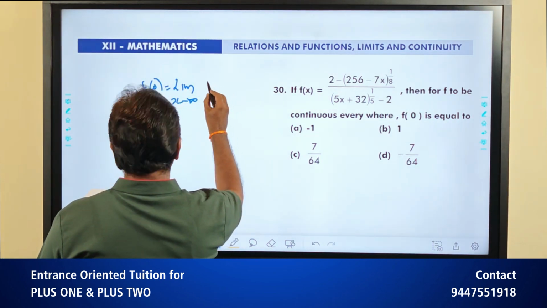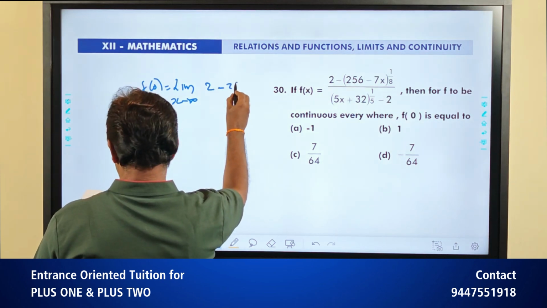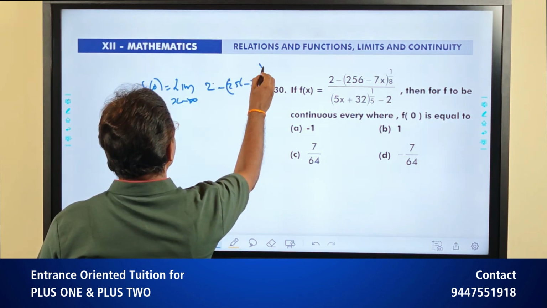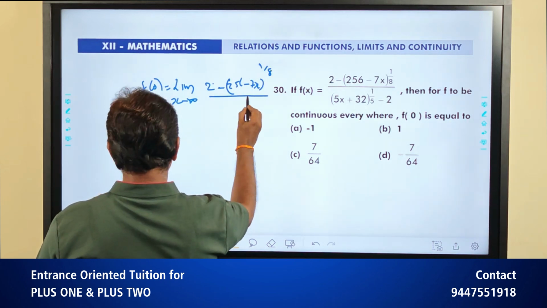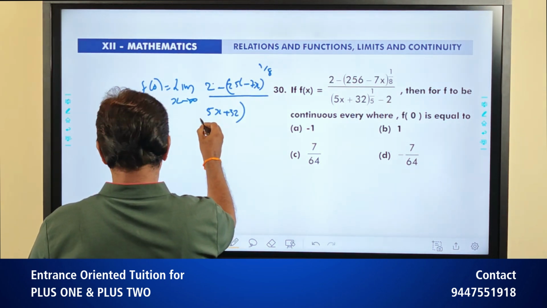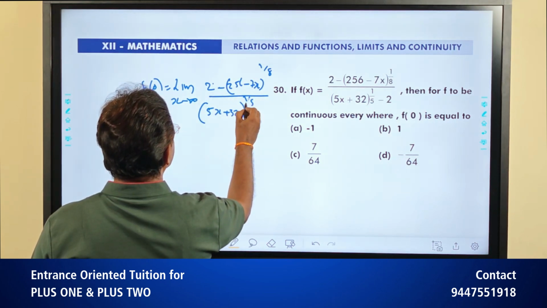2 minus 256 minus 7x whole raised to 1 by 8 divided by 5x plus 32 whole raised to 1 by 5 minus 2.